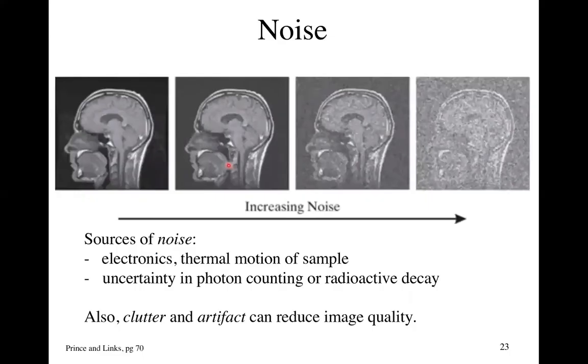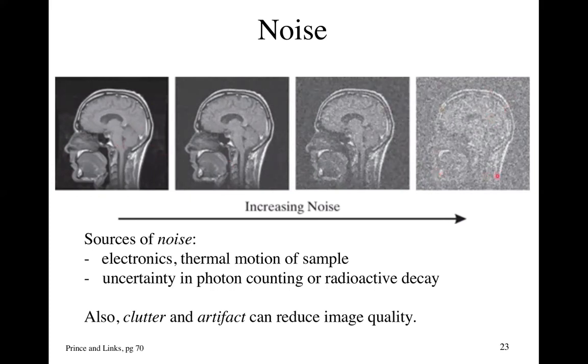So let's look at noise. Perhaps we should have started with some noise, actually. But here, this is a series of MRI acquisitions in which the number of averages used to make the acquisition has been increased going from here to here.